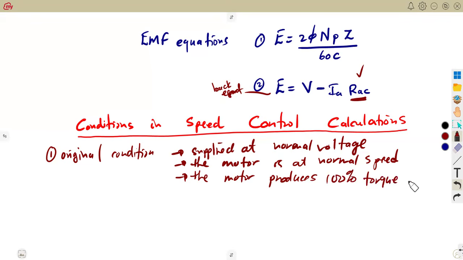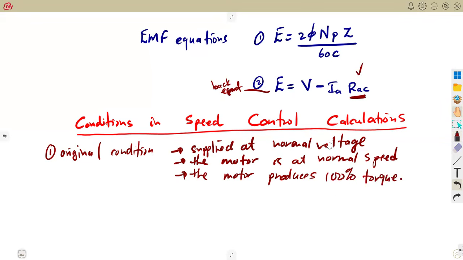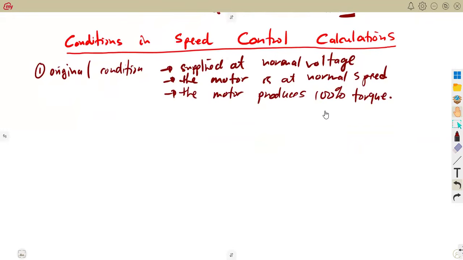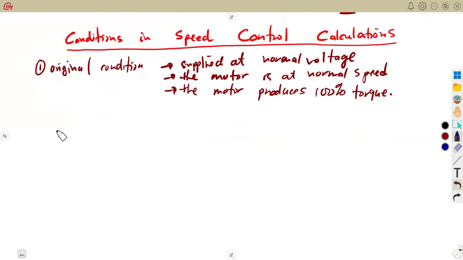This is on an original condition. But with the second condition, which is now the final, because you started with something that is originally given, then you consider the final conditions now, when the resistor is connected to the motor.